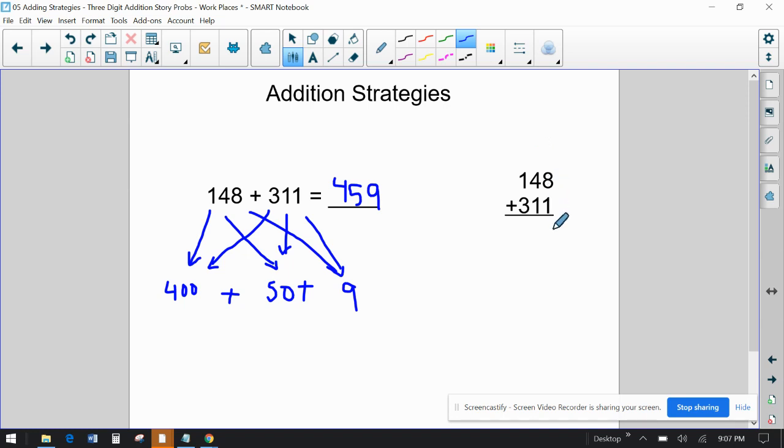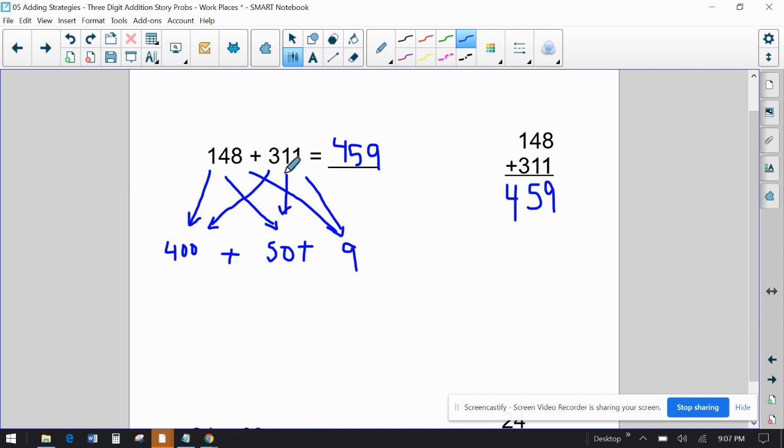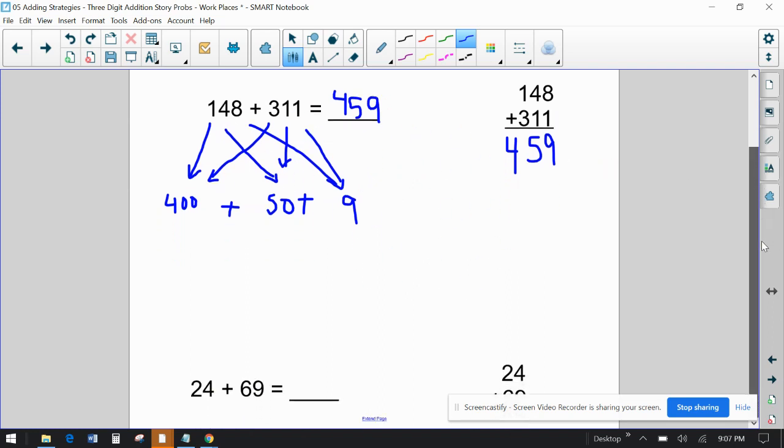So like 8 plus 1 is 9. 4 plus 1 is 5. 3 plus 1 is 4. So we don't have to do any regrouping. You don't always have to do that. There are some students who sometimes think, oh, well, now that I learned regrouping, everything regroups. No, it just depends on the situation. So either one of those strategies would be good for that problem right there.